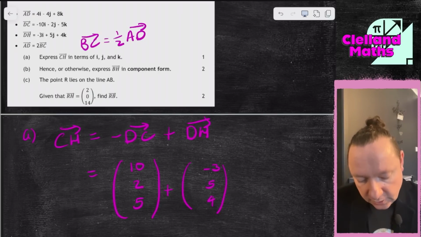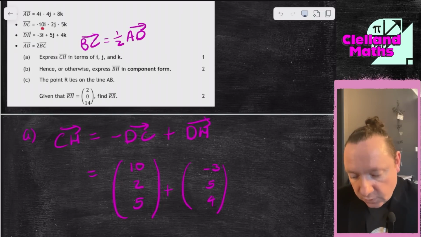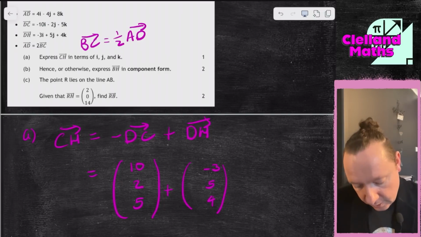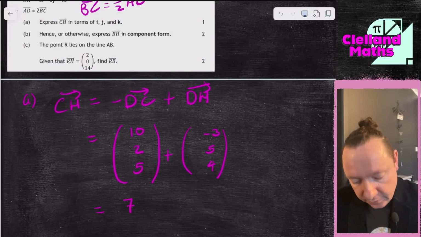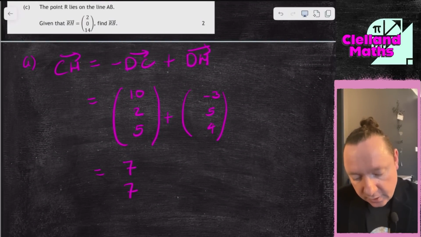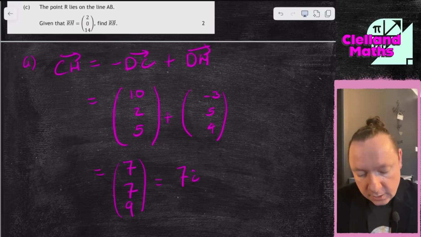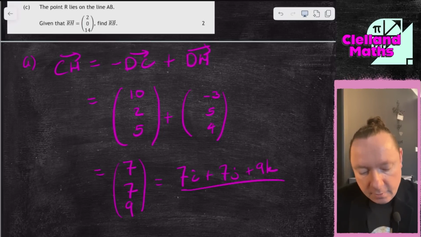Notice I'm just writing it like this to make it easier to do the sums. That's just the numbers in front of i, j, and k. And I've already put a minus in the first one. 10 minus 3 is 7, 2 plus 5 is 7, and 5 plus 4 is 9. So putting it in ijk form, 7i, 7j, 9k, and we're done there.